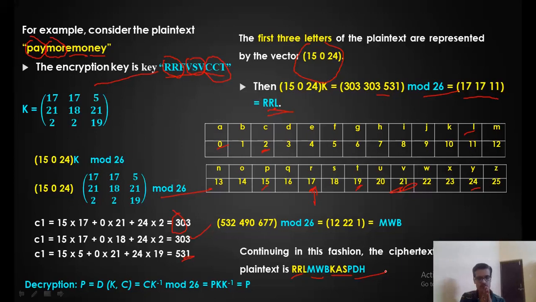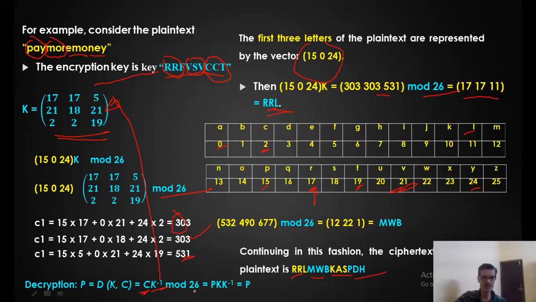It is just the opposite of encryption. So we have considered a key matrix over here. The same ciphertext whatever you have obtained should be multiplied by the inverse matrix of this, remember. So we have to calculate the inverse of this.